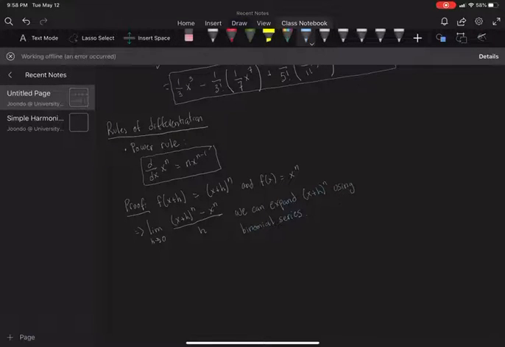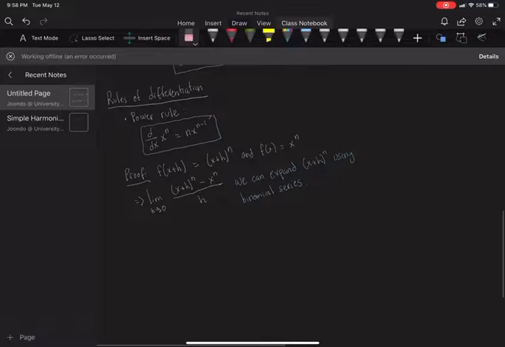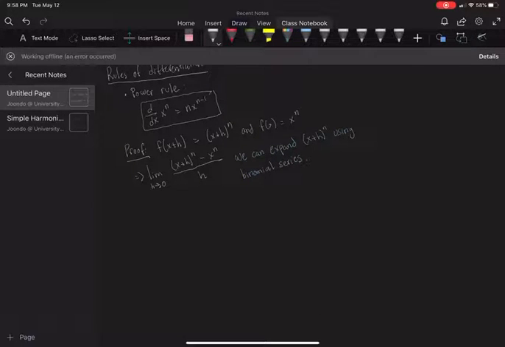So here's the rule. x plus y to the nth power is the same thing as n choose 0 x to the n y to the 0, plus n choose 1 x to the n minus 1 y to the 1, all the way up to n choose k x to the n minus k y to the k, up to x to the 0 y to the n.